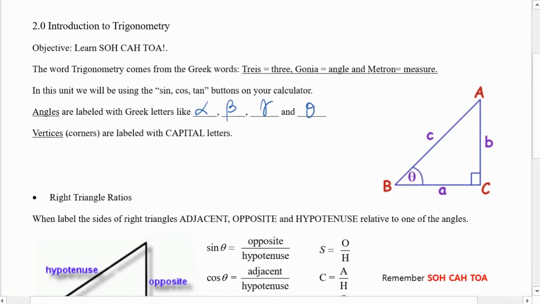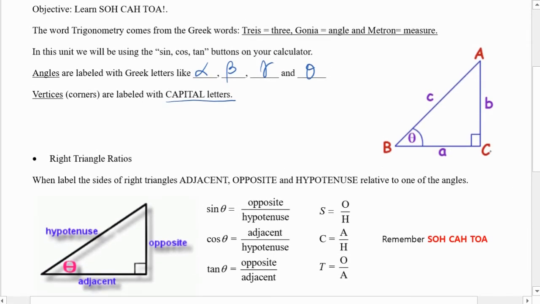And a vertex is a corner of a triangle. Vertices is the plural of vertex. So A, B, C. We use capital letters for vertices. All right, everyone? Okay, so we learned how to label the components of a triangle. Let's move on.